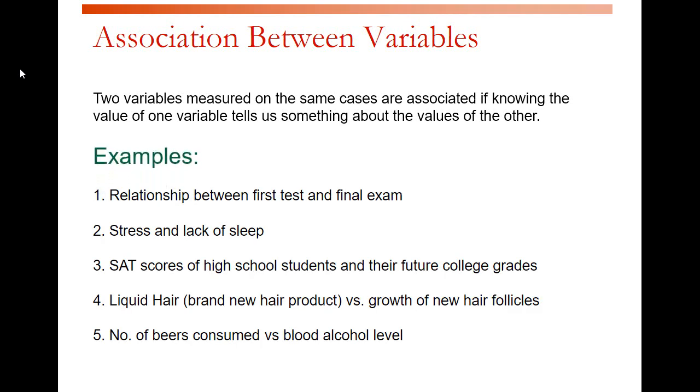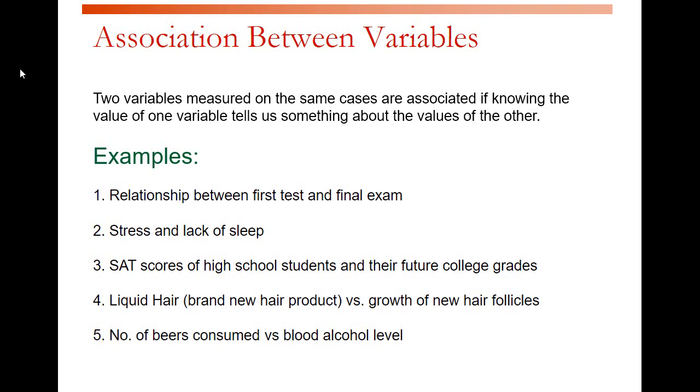So a couple of examples here. We can look at the relationship between the first test score and the final exam score. It tends to be the case that a good first test score means that a student will also get a good final exam score.